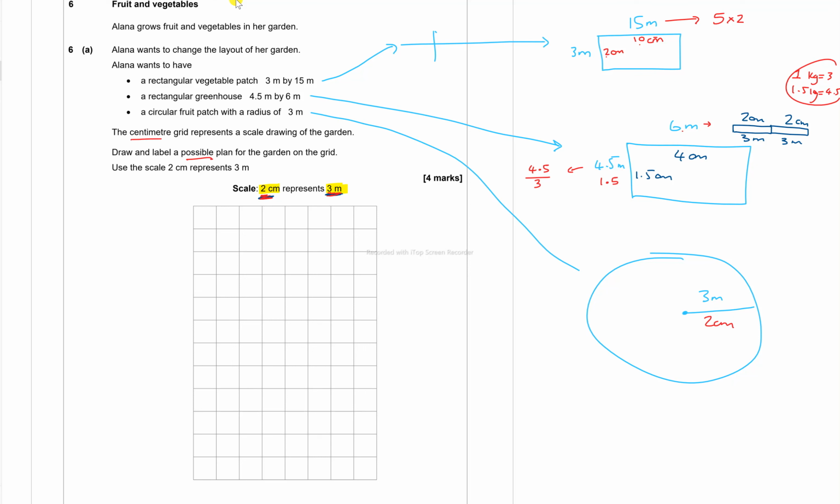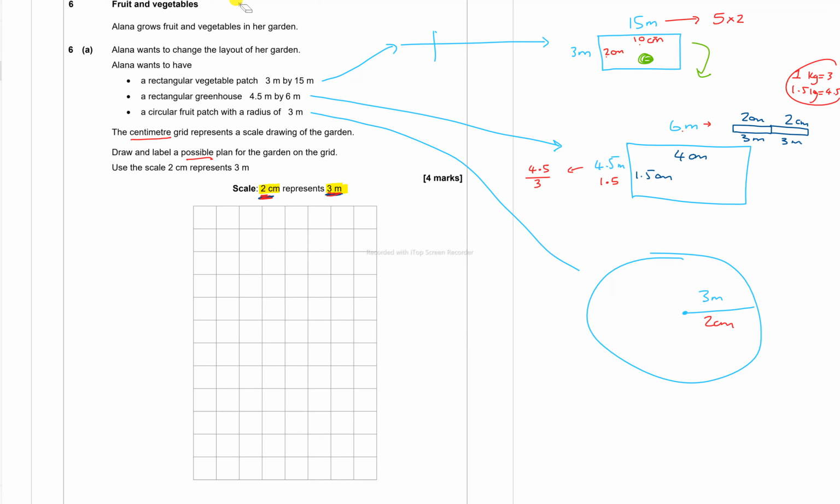It's a centimeter grid. So what I'm going to do is I'm going to draw this bit first here. So I'm going to start here, 1, 2, and then I'm going to draw 10 centimeters across. Have I got enough? 1, 2, 3, 4, 5, 6, 7, 8. Nope, I can't. So I can't do it that way. I'll have to swap this around. So let me start that again.